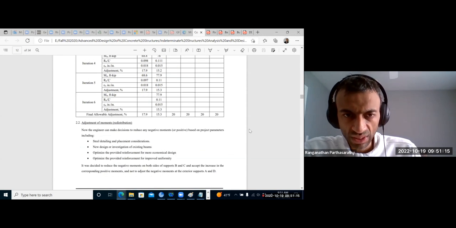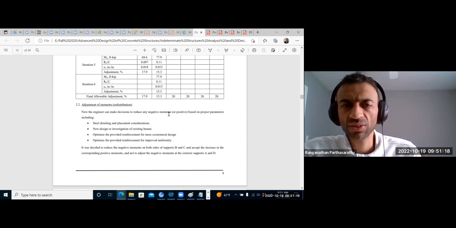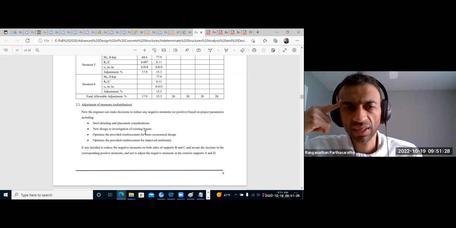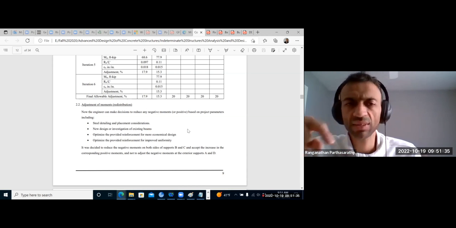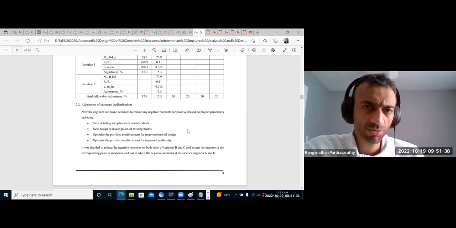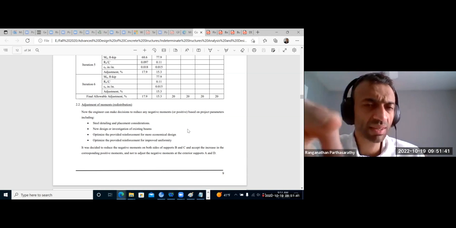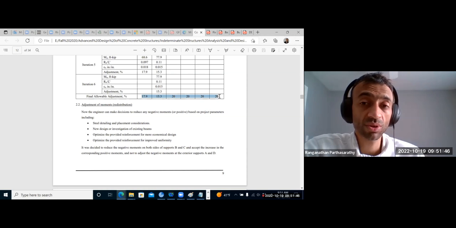Now the engineer can make a decision to reduce any negative moment or positive moment based on other things like uniformity, economical design, detailing, etc. But doing this moment redistribution gives us a choice to make a big reduction in the cost, right?